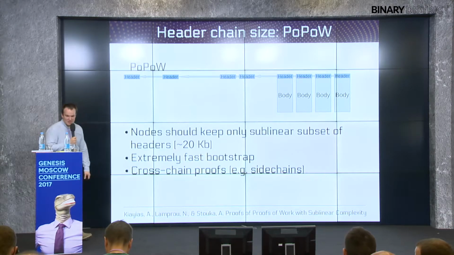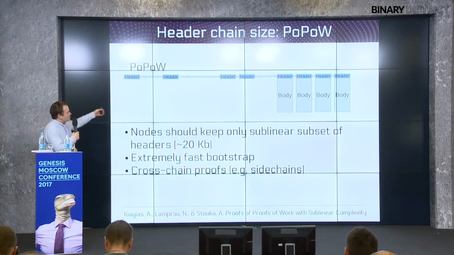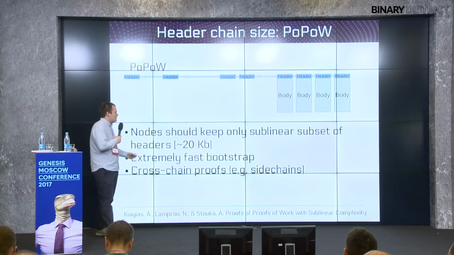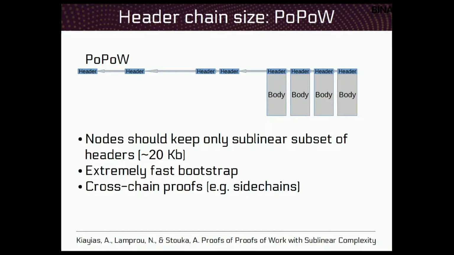It requires a different block and header structure, but you need just a few blocks to validate the whole chain and find the best chain. Just 30 to 20 kilobytes of data, and you can synchronize the network. You can prove that this chain is the best. This allows extremely fast bootstrap, and also this allows cross-chain proofs.